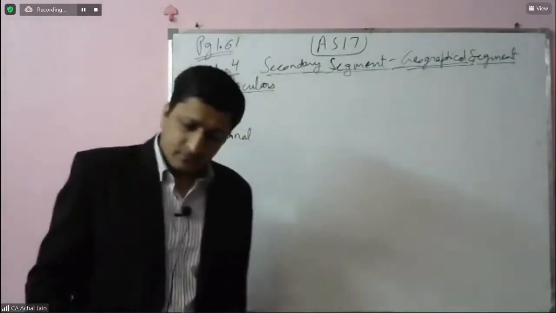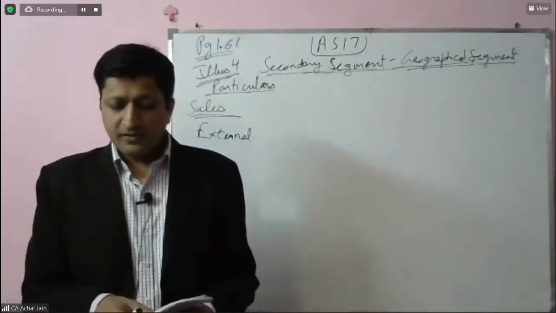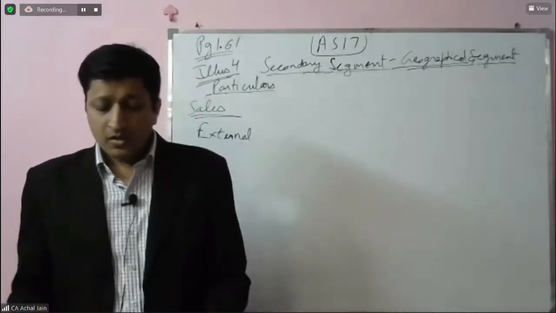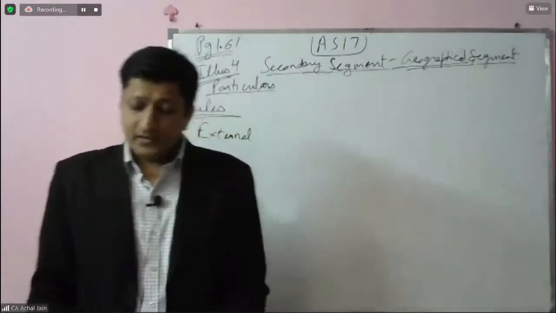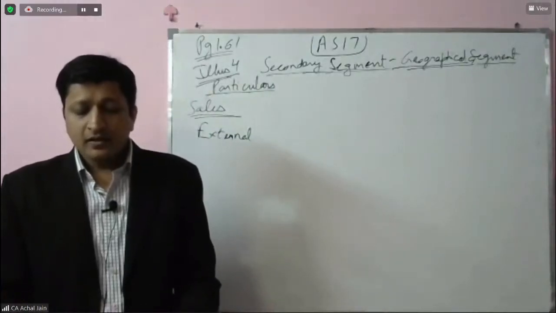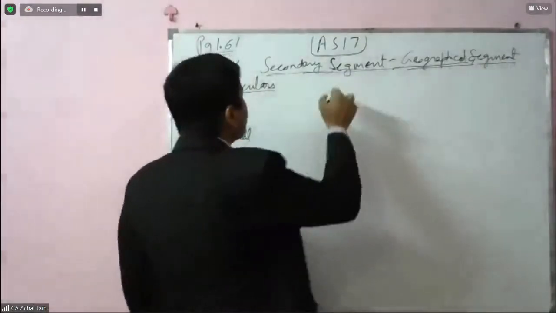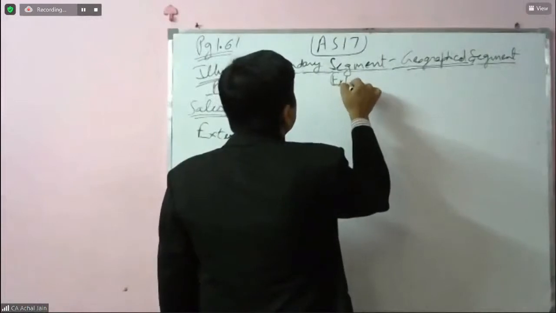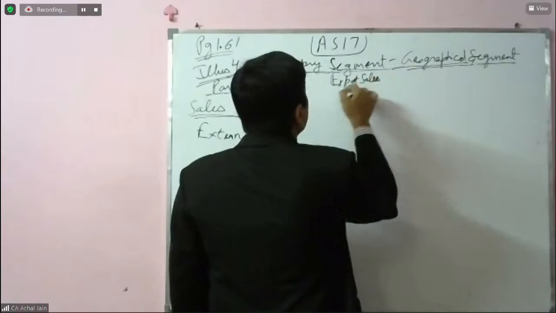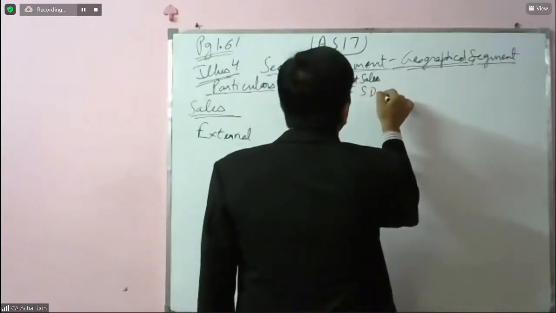Now, what's the information which is available? One, export sales by forging shop division.